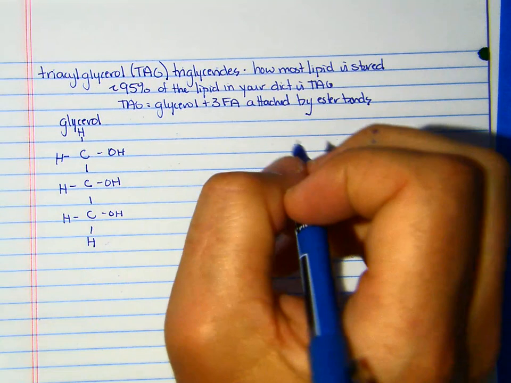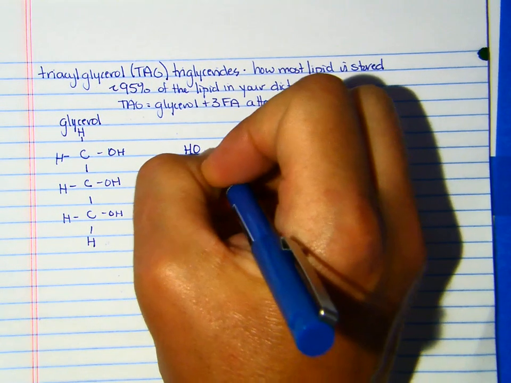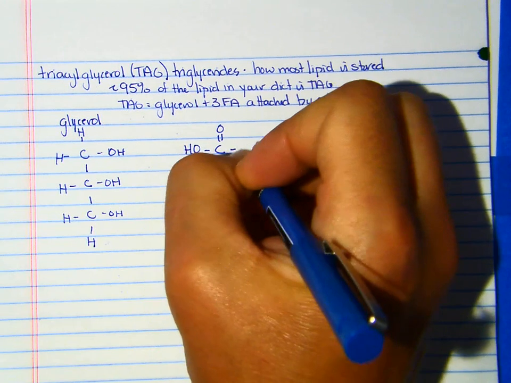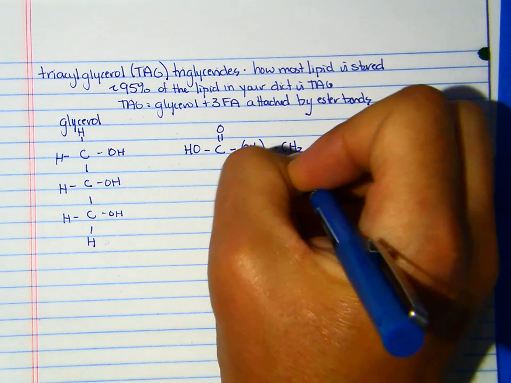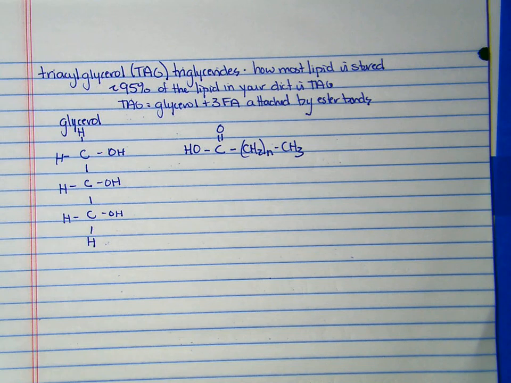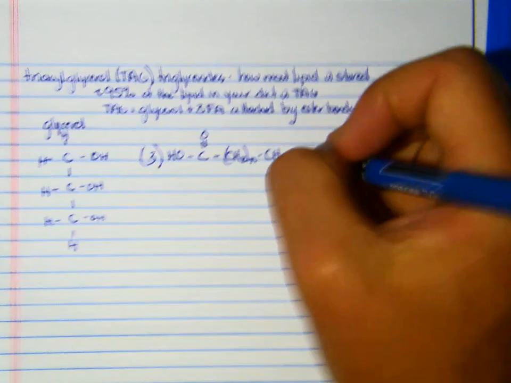Okay, and then we have 3 fatty acids, and this is the basic structure of the fatty acids, which we've kind of just spent some time talking about. And so we're going to have 3 of those.